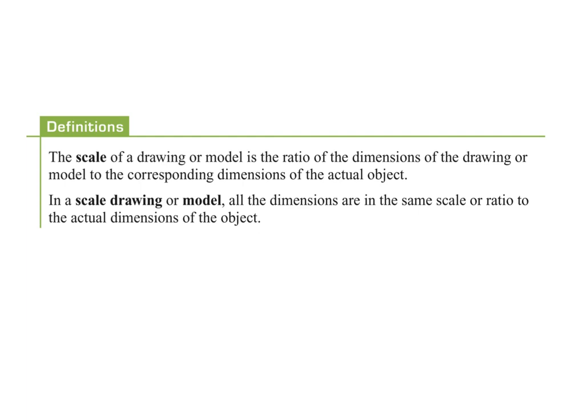If you have a model airplane and it is truly to scale, then they have taken every dimension of the actual airplane and converted it from, whatever, if it was measured in feet, to maybe inches, okay? And they've said, all right, 1 inch represents 20 feet. And that is a type of ratio. For every inch of the scale model, it actually represents 20 feet for the actual airplane. And that's a type of scale.